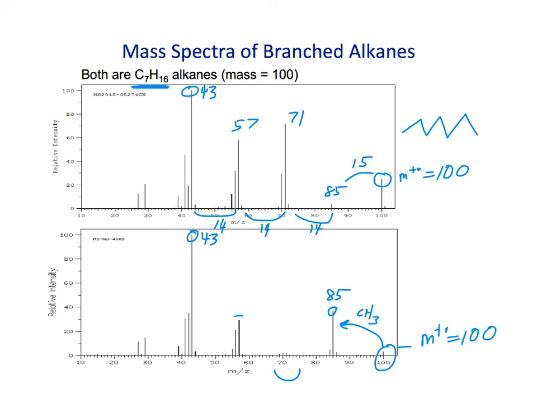There is some at 57, but there's a big one at 43. So what this means, because we're not getting all those ions, is the alkane is probably branched, and so we have one or some ions that are more stable than others. And so this spectrum comes from 2-methylhexane.